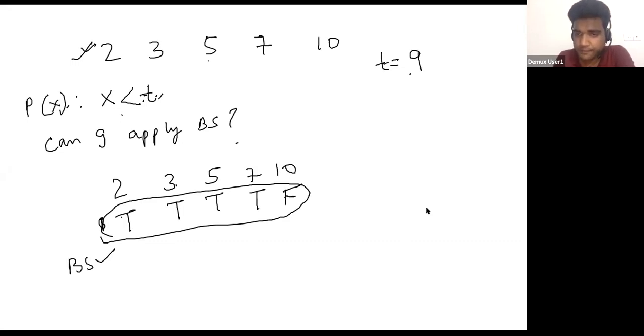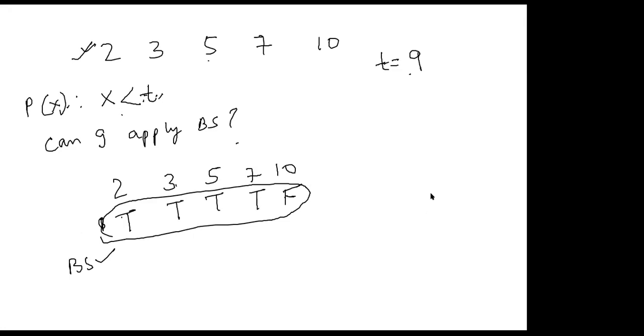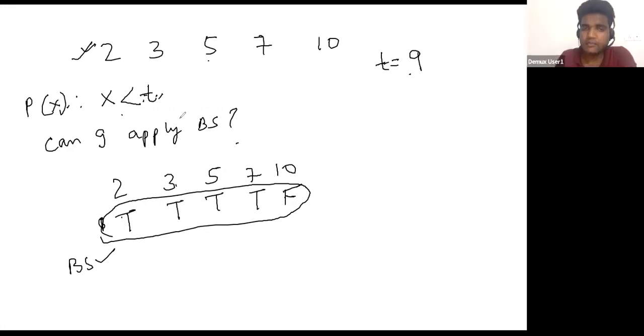Sai Sriram, do you understand? What if we have a series of falses only and we don't have any trues? That is also fine. That's why I wrote F star T star. I did not write plus. This is a regex, right? So 0 or more Fs followed by 0 or more Ts.